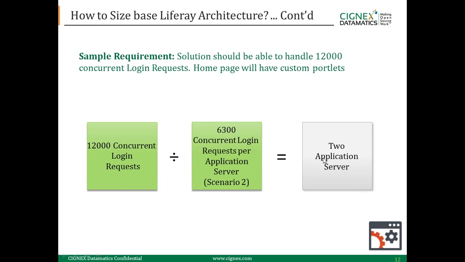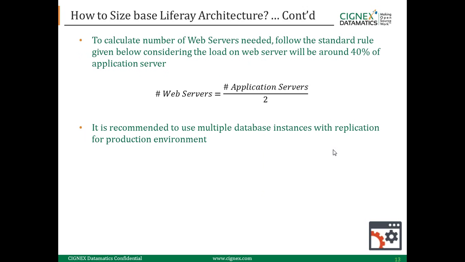In 2 seconds. So this results in needing 2 application servers for this particular 12,000 concurrent login request scenario. You can calculate your web servers on the basis of your application server. Web servers ideally do not have that much processing to do.